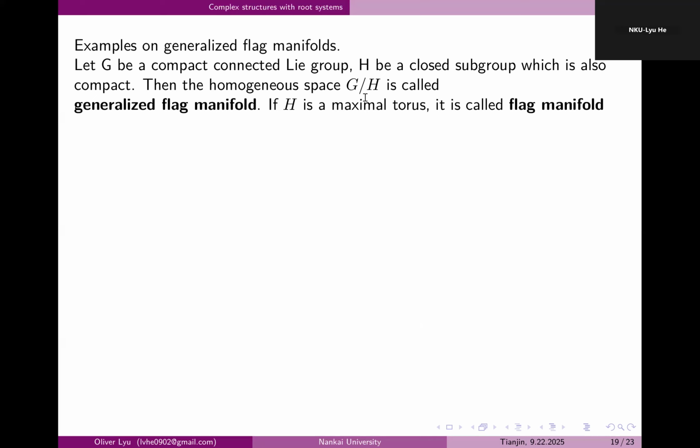The homogeneous space G mod H is called a generalized flag manifold if H is a torus, but it does not need to be maximal. Sorry, when H is a maximal torus, that is, the Cartan subgroup, it is called a flag manifold.